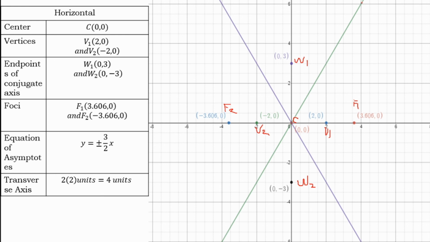So our slope is correct. Since it's negative, on the other side, 2 runs and then 3 rise. This is our asymptotes. And the transverse axis is the distance between the vertices. So we can see here that we have exactly 4 units, 1, 2, 3, and 4.